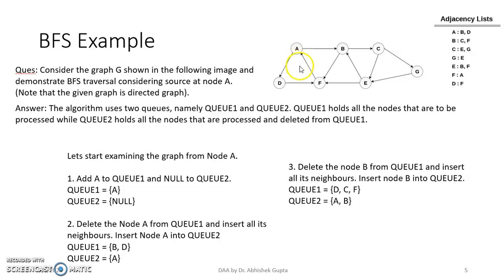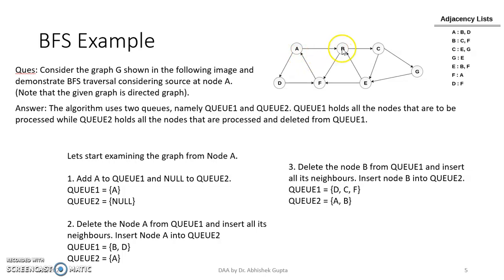You should know that this is a directed graph, so that's why B and D are the adjacency list of A, right? If this graph is not directed or arrows are not there and the graph is the same, then F will also be adjacent to A, right? So here the arrow direction is there, so that's why we are following the arrow.